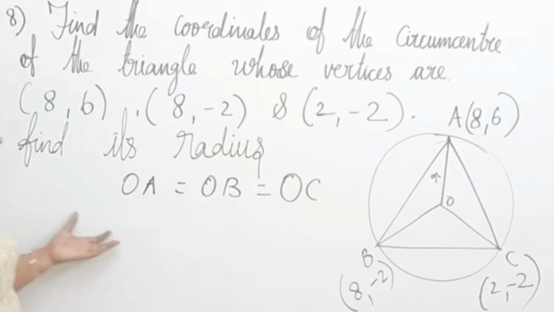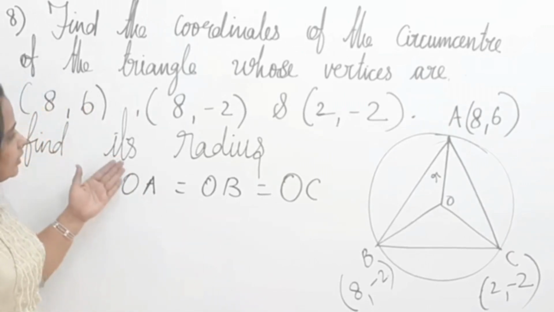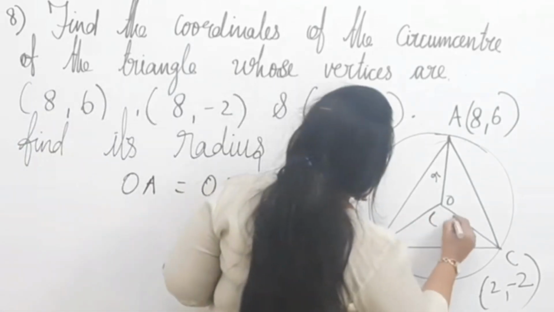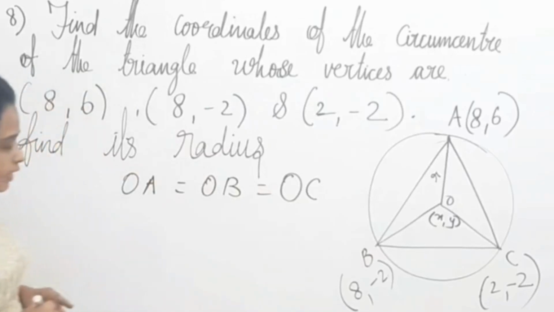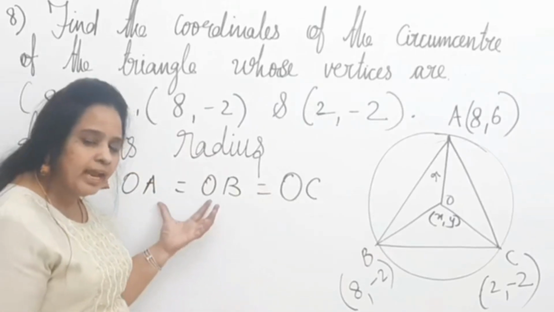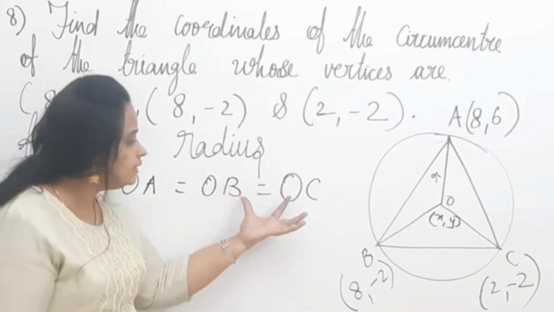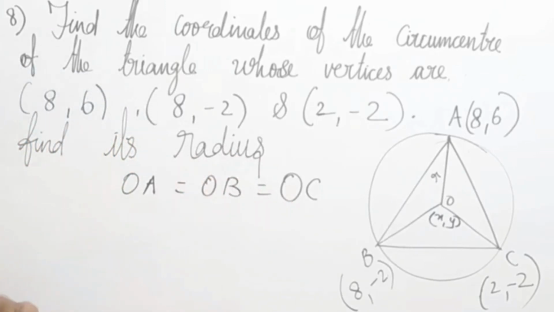Now with all these three I cannot find what is required here, that I have to find the circumcenter. That means the O coordinate I have to find. So what I do, I would take any two terms, this equation and then this equation, equate them, and you get your x and y.